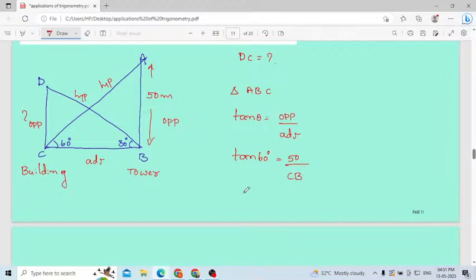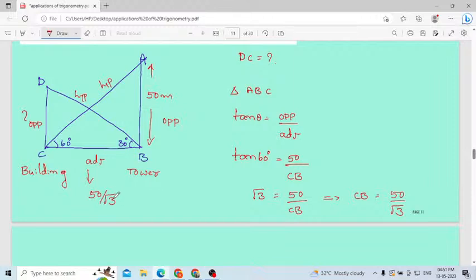Then tan 60 degree, you know the value, root 3, equals 50 divided by CB. This implies CB value is 50 divided by root 3. I will write here CB value is 50 divided by root 3.